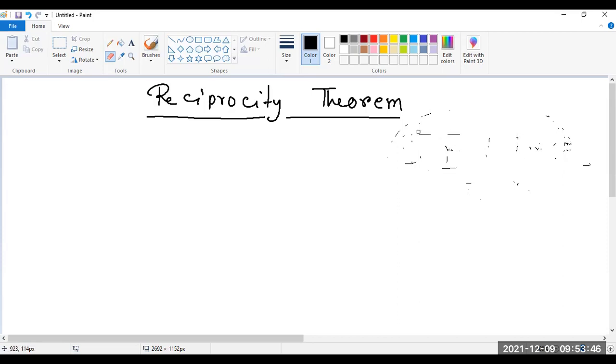First, we have to see some statements which are given for this purpose. Now we examine the statement. You can write down the statement.